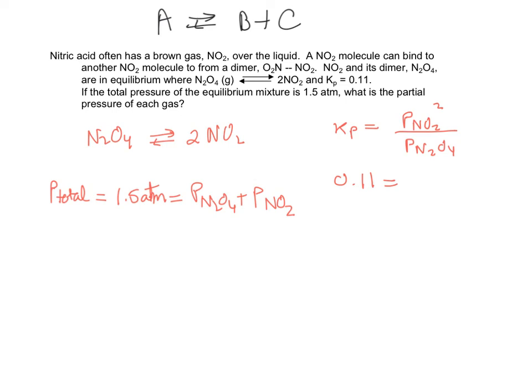However, this is not a reaction that goes to completion. This is a reversible reaction. That's why we're doing this whole equilibrium thing. Which means I don't know how much of this actually decomposes. Like if I start with 1 atm of this, maybe 0.2 atm decomposes. Maybe 0.3 atm decomposes.